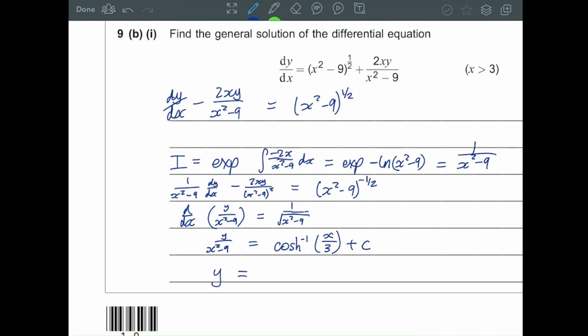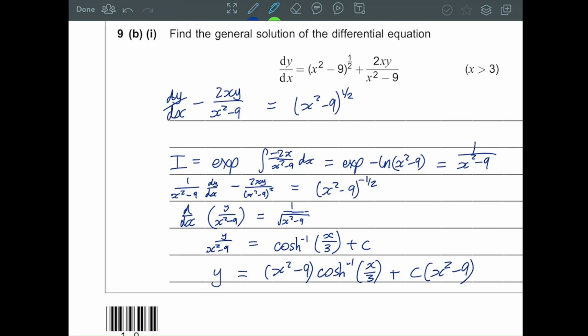So y equals, and I want to write this in the nicest way, (x squared minus 9) cosh inverse of x over 3 plus c lots of (x squared minus 9).